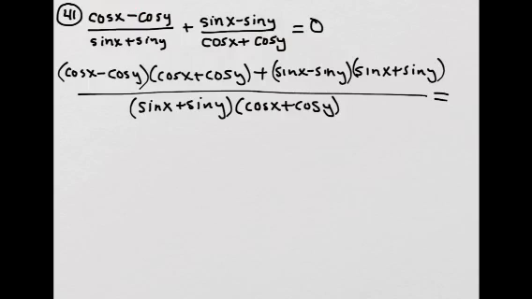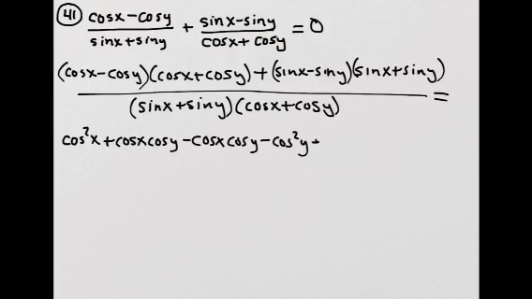So distribute the first two factors. That gives me cosine squared x plus cosine x cosine y minus cosine x cosine y minus cosine squared y. Okay? Now I'm going to do the same thing with the sine factors.